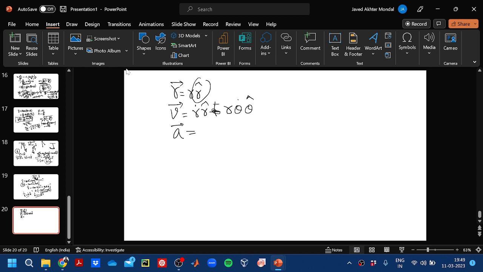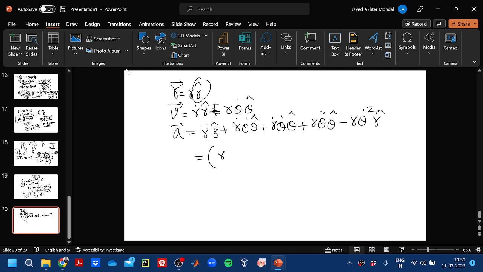If we go on in the same manner, the acceleration equation will have r double dot r cap plus r dot times the derivative of r cap, which is theta dot theta cap, and if we go on like this, then the acceleration in polar coordinates will look like this: r double dot minus r theta dot squared in the r direction, and in the theta direction it will look like r theta double dot plus 2 r dot theta dot.